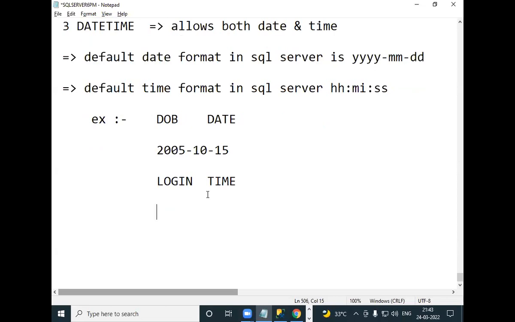Next, how do you enter the time? In this format: hours, minutes, seconds. For example, 10:00:00 means 10 a.m. This 10 is hours, then minutes, then seconds.